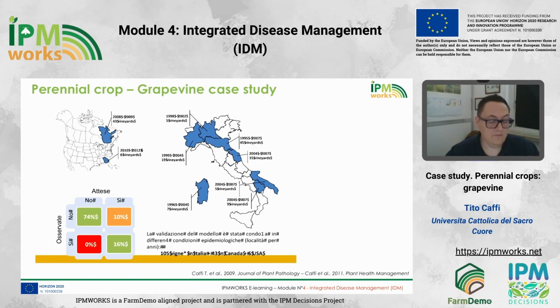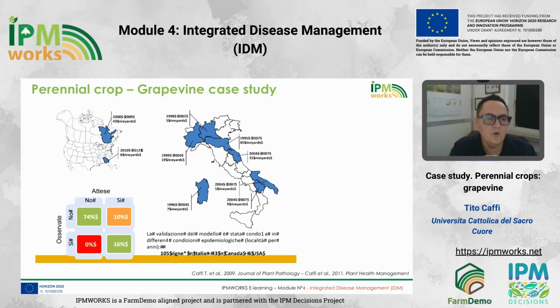I'm using a couple of case studies discussing downy mildew, for instance. We developed different models for downy mildew, and in particular, one model for primary infection. As we already mentioned in a previous module, even if a model is mechanistic, as many scientists are developing today, we need a validation.